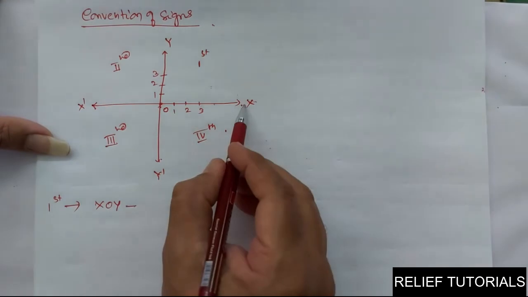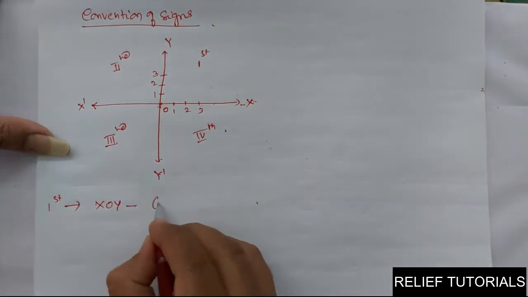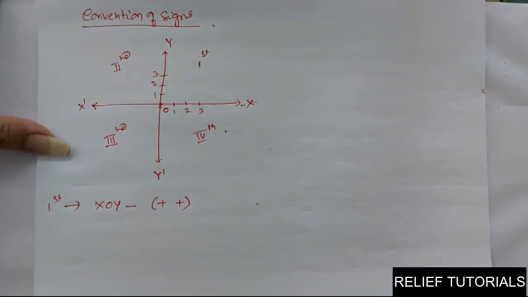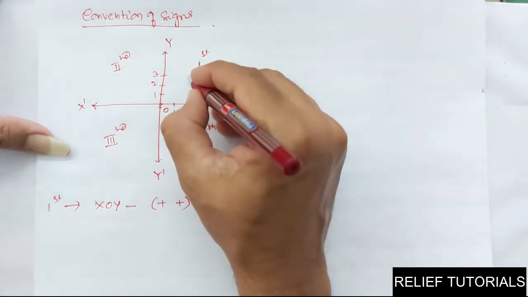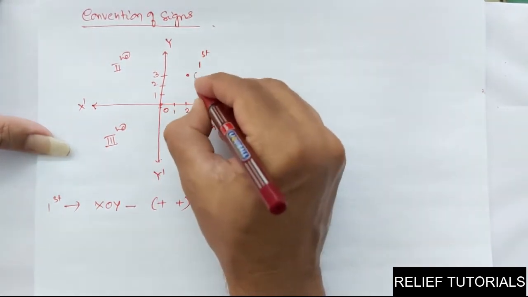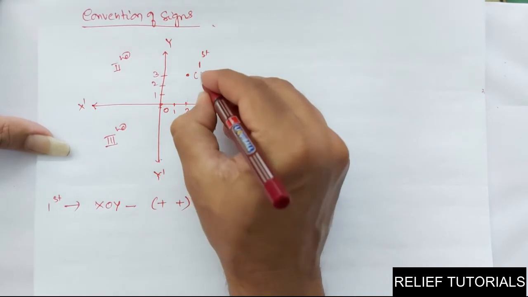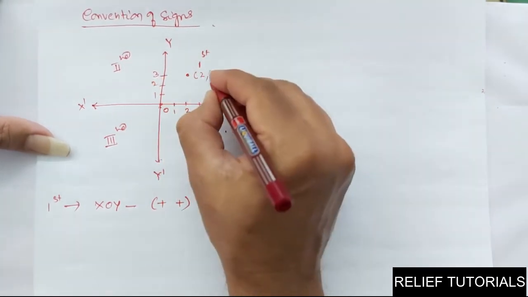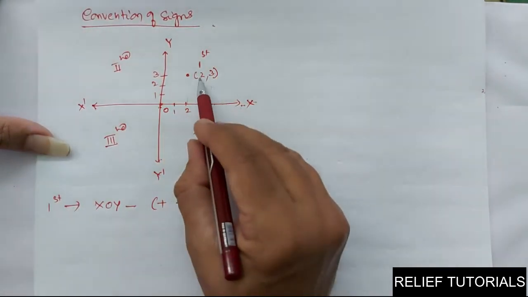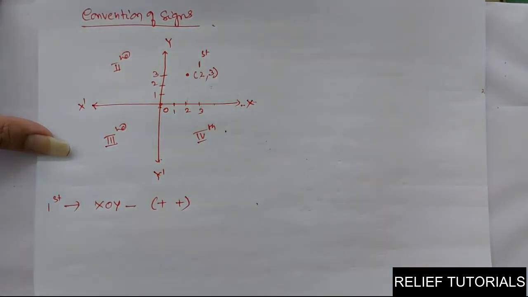OX is positive, OY is positive, so both will be positive. So x coordinate also will be positive, y coordinate too. Suppose you take this point, you draw the perpendiculars, so it is at 2 and 3. So both x coordinate and y coordinate are positive.